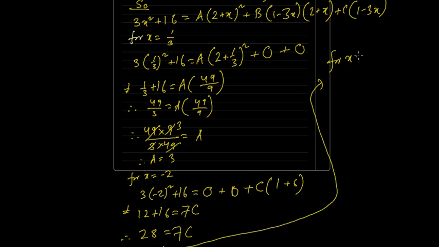For x equals 0, if we plug in x equals 0, this would be 3 into 0 squared is 0 plus 16, so this would be 16.